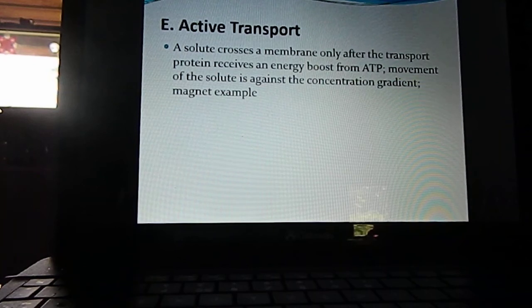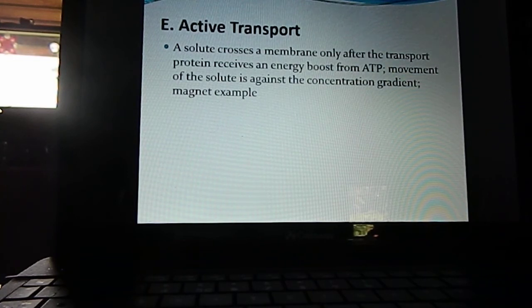Lastly, though, sometimes the cell itself, it could be the red blood cell, but a cell might need more of a solute than diffusion itself can provide, right? Sometimes it needs to hoard certain molecules.